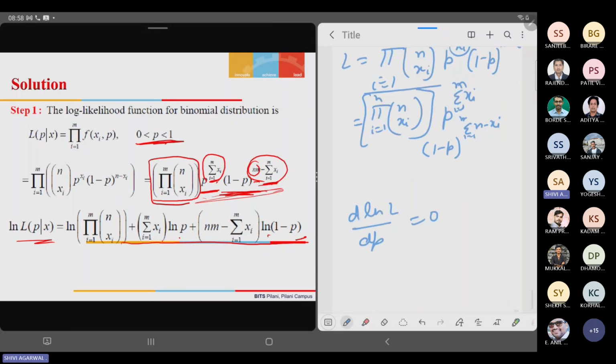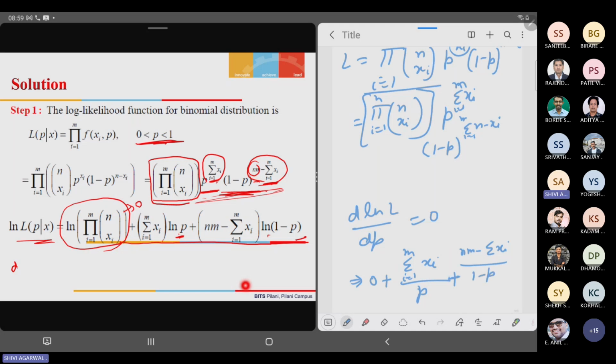Okay, so in this case you can see there is no p in the first term, so differentiating it gives 0. Plus here p is there, but it is ln of p, so we differentiate, so summation of i is equal to 1 to m xi upon p. Okay, similarly in the next term plus nm minus summation of xi times the derivative of ln of 1 minus p.